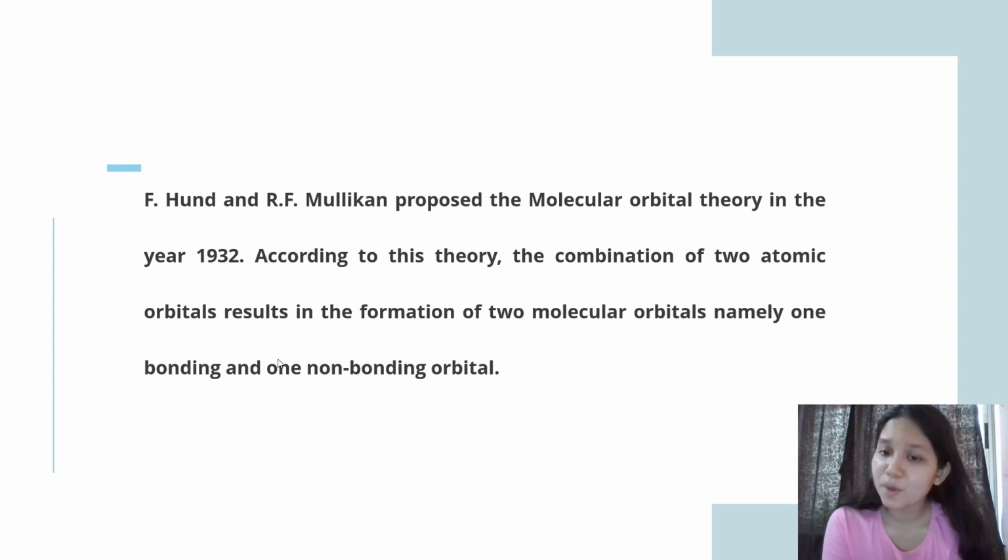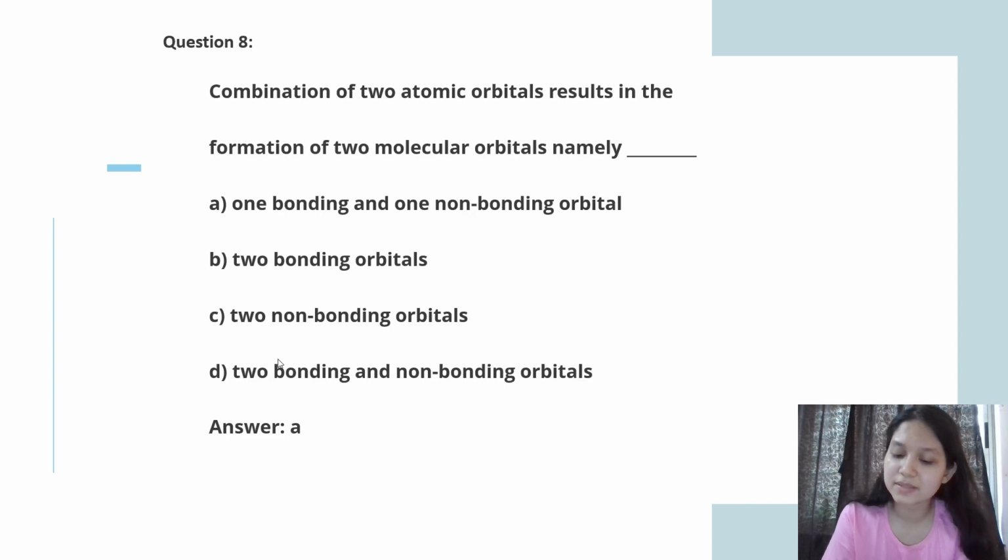This molecular orbital theory was given in 1932 by Hund and Mulliken. According to this theory, the combination of two atomic orbitals can give us two molecular orbitals, namely one bonding and one non-bonding orbital. So the answer is A. I hope it is clear.